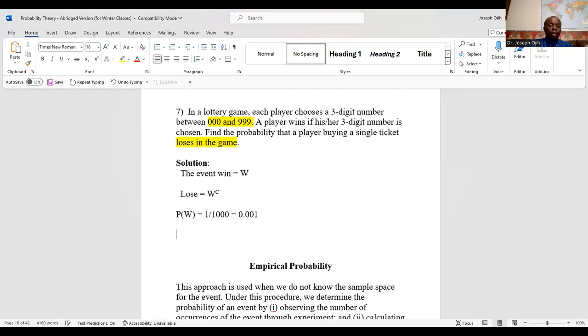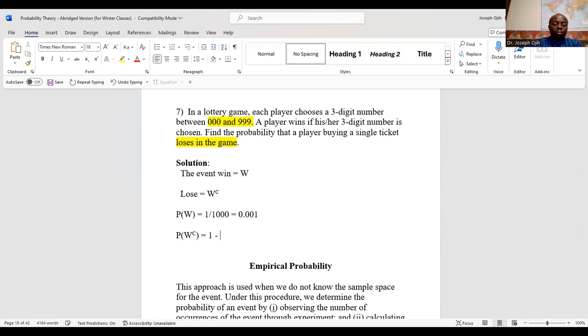So we're looking for the probability that he or she loses. That means the probability of W complement, which is 1 minus the probability that he wins.